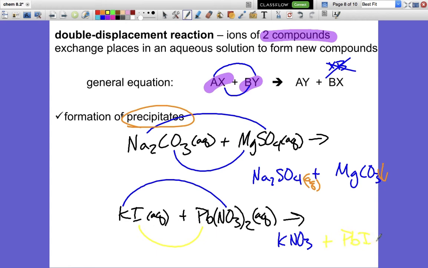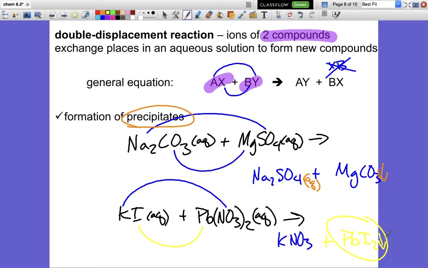Pb, lead iodide. It is going to be a little 2 here with that iodide because lead has that +2 charge still. But in this case, I'm also going to make a precipitate, and that precipitate is going to be that lead iodide. That's supposed to be a down arrow behind it, but that didn't look very good. Try that again. There's my precipitate.